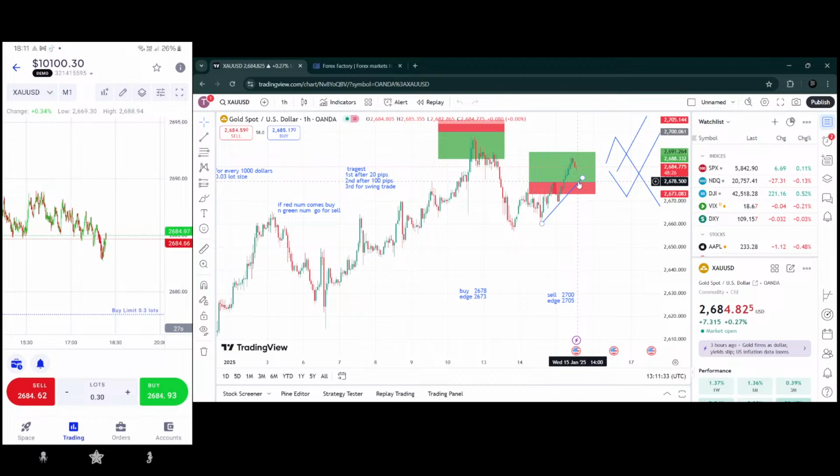For sell. So almost 20 minutes are left. You can take a trade with us if you want.